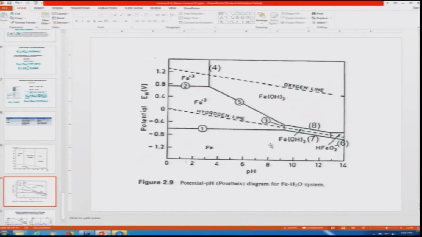So, this is the iron Pourbaix diagram that we have shown in the Semantic. This is exactly the same, and here if you see this particular zone, the FeOH2 as well as FeOH3 zones, we do get passivity, and the pH level varies from 9 to almost about 13. So, generally in case of rebar, pH is maintained at around 12 to 12.5.